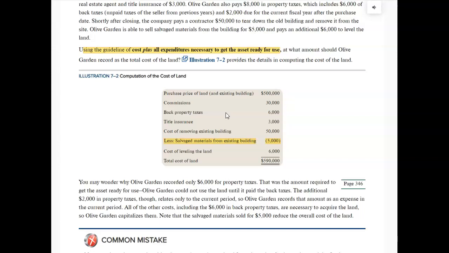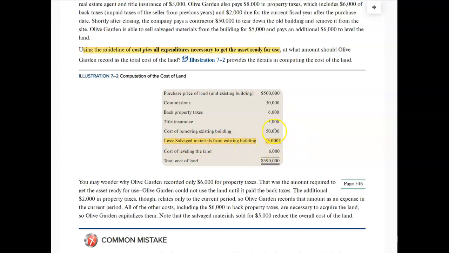Now any future property taxes that we pay when we own the land are just taken to the expense account, the property tax expense account. Title insurance, if you buy that, and the cost of removing the existing building. And then the highlight I have here is salvage materials from the existing building.